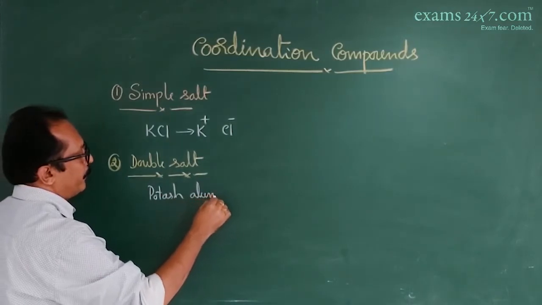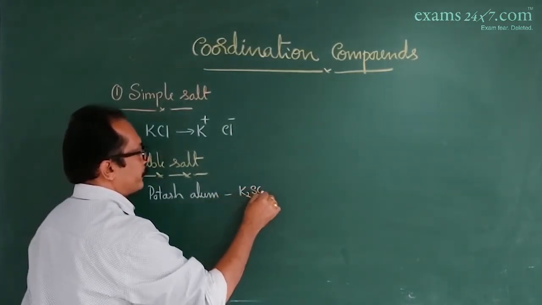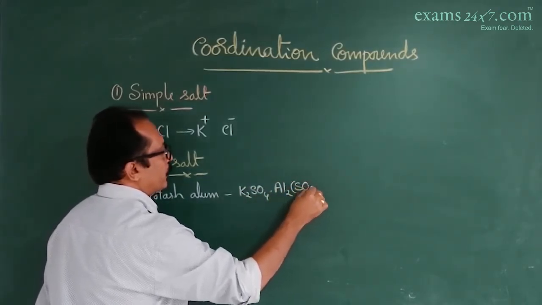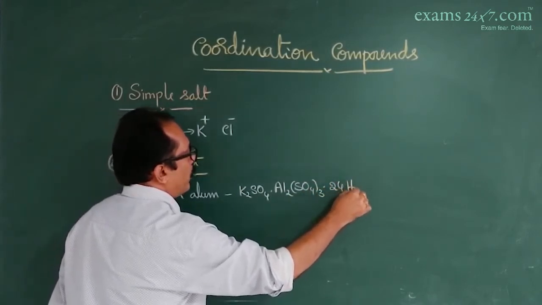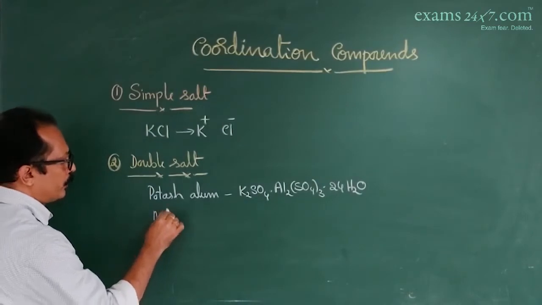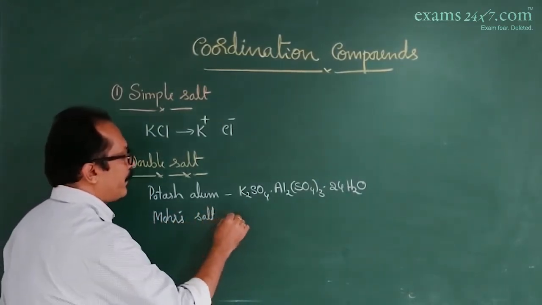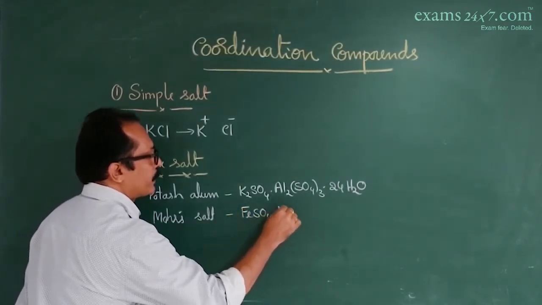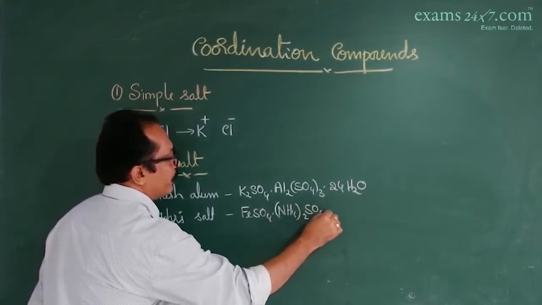Potash alum: K2SO4, Al2(SO4)3 and 24 molecules of water. More salt, ferrous ammonium sulfate. It's a combination of two simple salts like ferrous sulfate, ammonium sulfate.